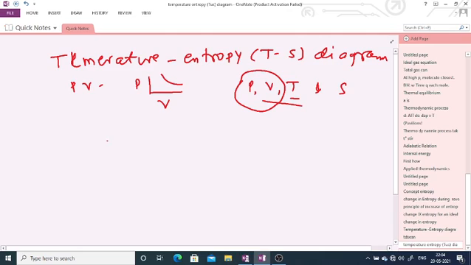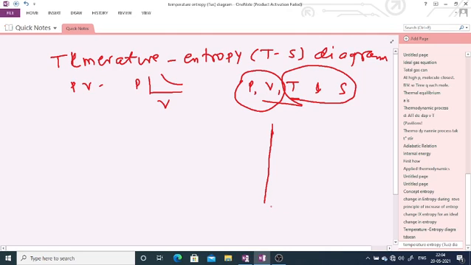Now, similarly to the PV diagram, we can also define the state of the system with the help of the TS diagram. Now we will consider the TS diagram.